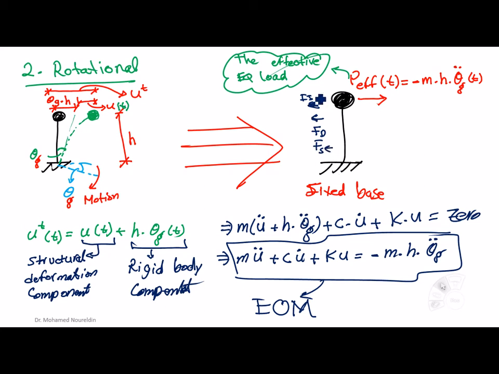So we have three components here, and the right hand side is going to be the P effective on the system. So now we have the equation of motion and we have the equilibrium. Okay? You understand it?